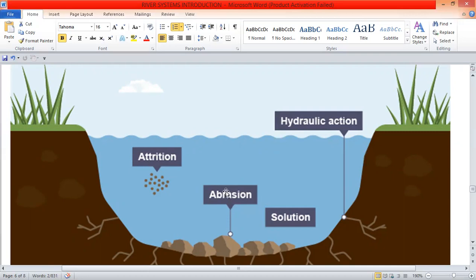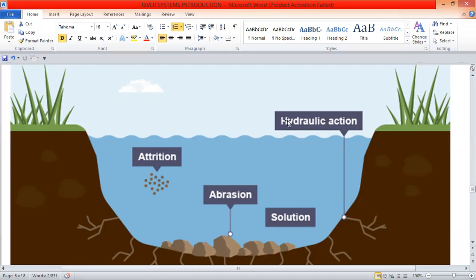Another load, or the same load, can further be eroded. If we put it in arrangement, we can start from here. The biggest load is eroded first through abrasion.